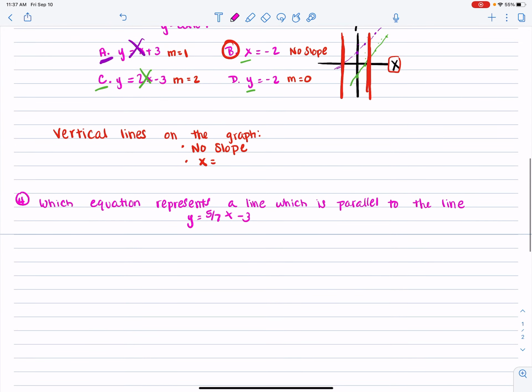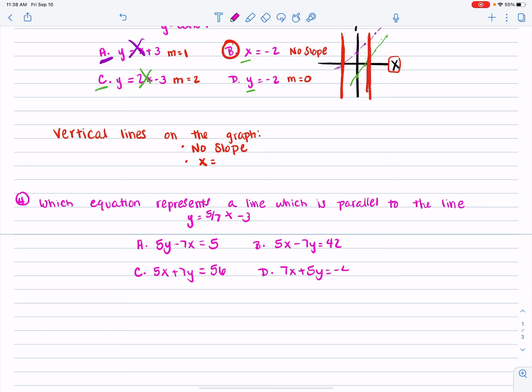Here are the answer choices: A, 5y minus 7x equals 5. B, 5x minus 7y equals 42. C, 5x plus 7y equals 56. And D, 7x plus 5y equals negative 40.